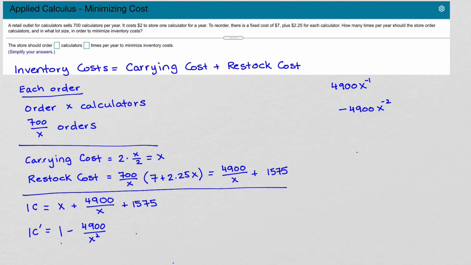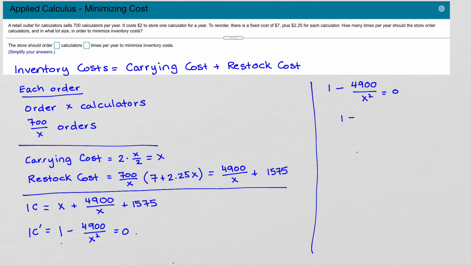Now I can minimize my inventory cost by setting the derivative equal to 0. If 1 minus 4,900 over X squared is equal to 0, then 1 is equal to 4,900 over X squared.